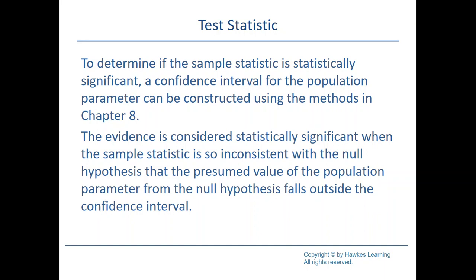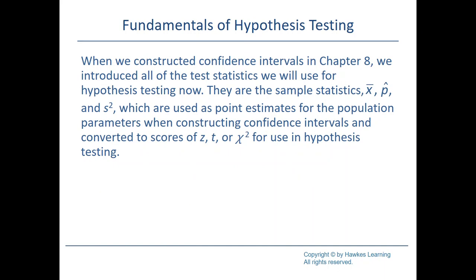Now, I know that sounds really odd, but let me maybe help you out with this: we're actually constructing confidence intervals. So we did all of this stuff in Chapter 8. We actually also introduced the sample statistics.